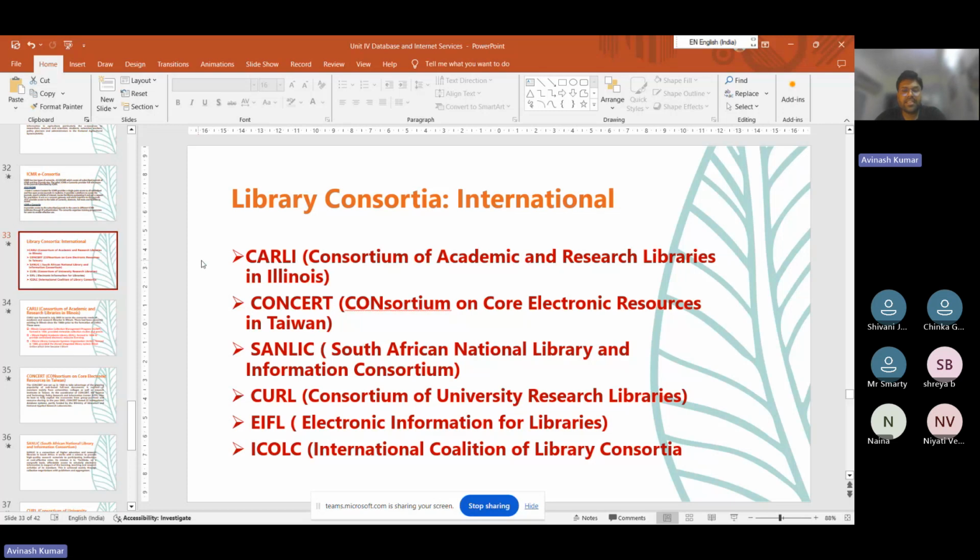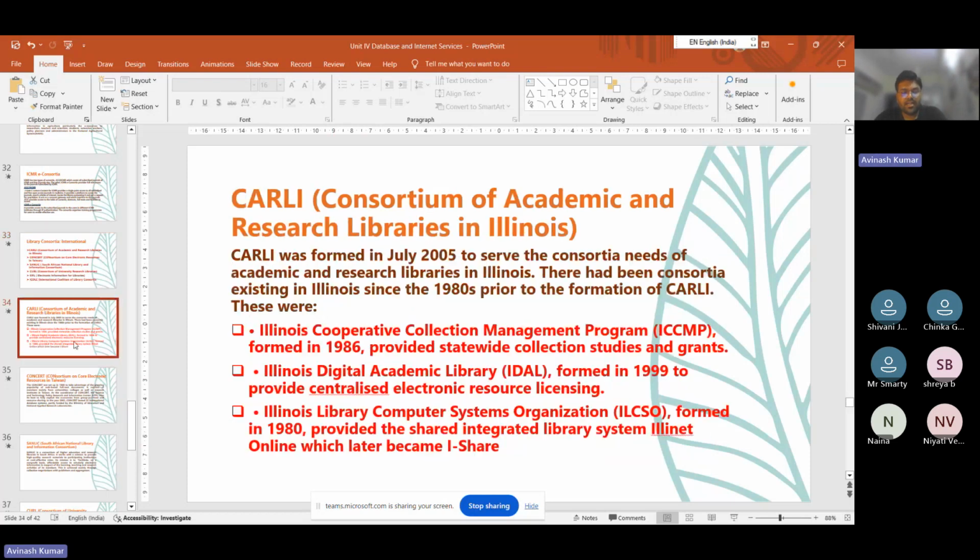Library Consortia, international. These are the international consortia: CARLI, CONCERT, SANLiC, CURL, EIFL, IFLA, ICOLC, International Coalition of Library Consortia. This is the description of CARLI, Consortium of Academic and Research Libraries in Illinois.